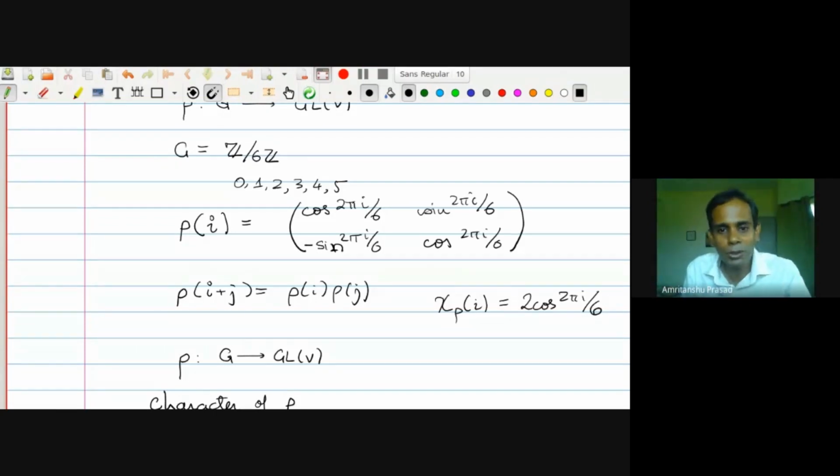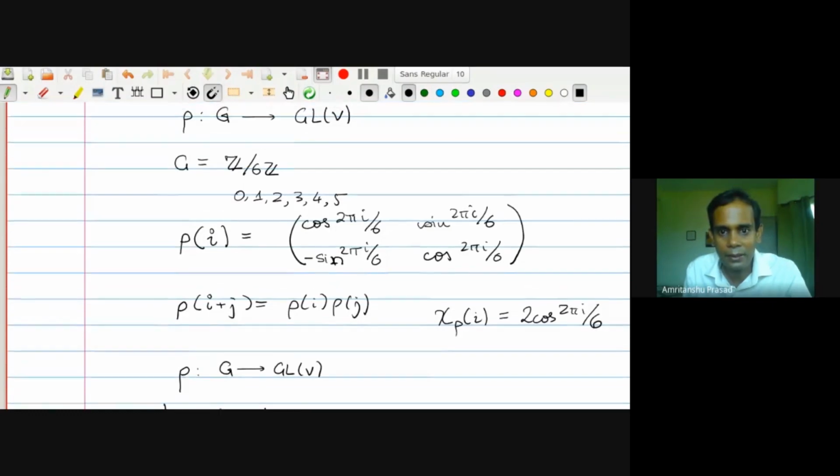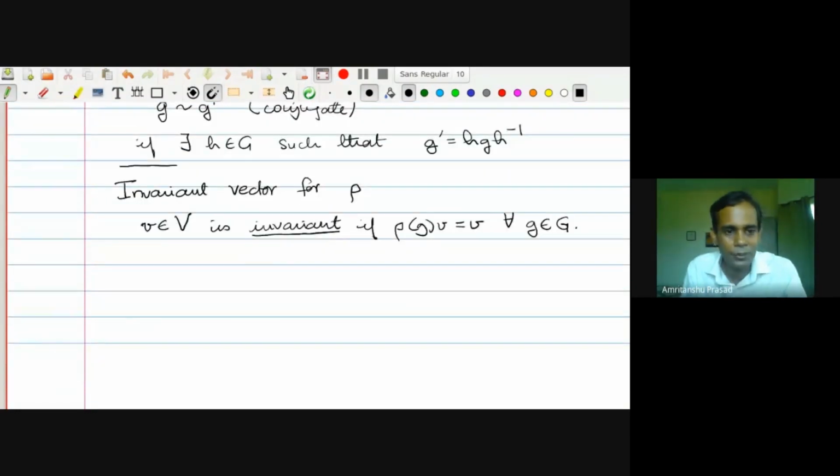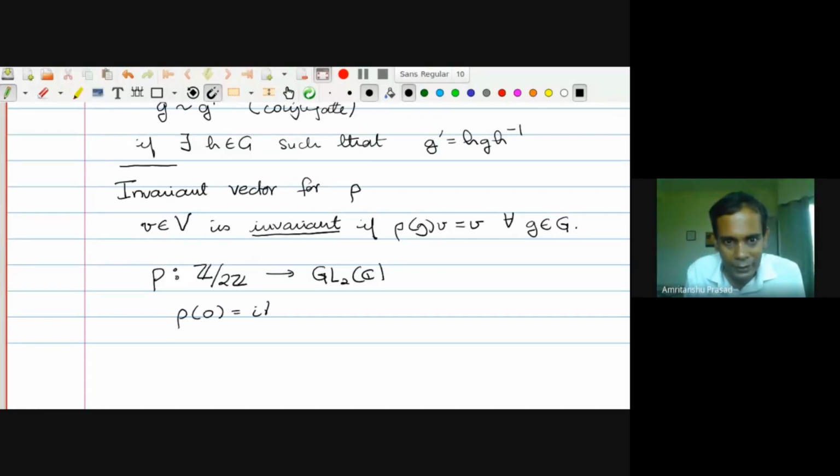Okay, but suppose you had a reflection or something, so let me give you an example of a representation with an invariant vector. Take this representation of Z/2Z to 2 by 2 matrices GL2(C) with ρ(0) has to be the identity matrix, of course.